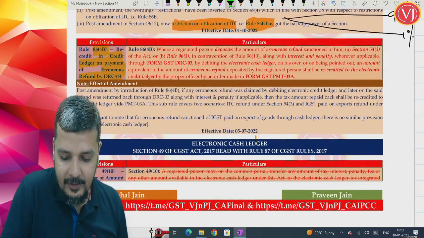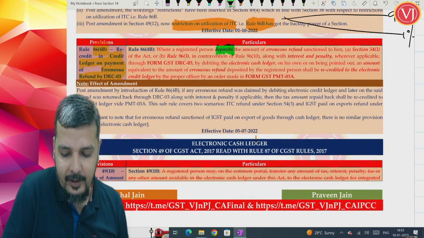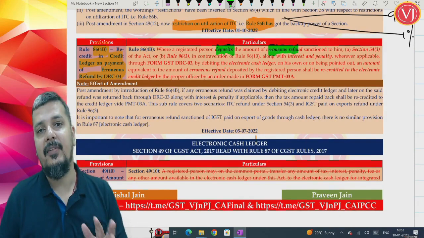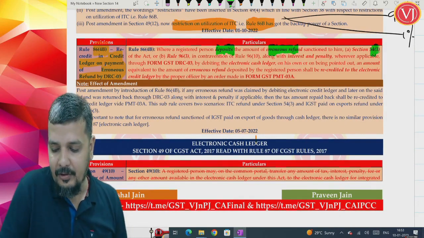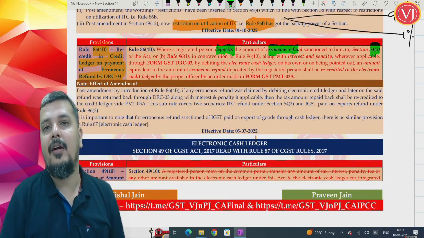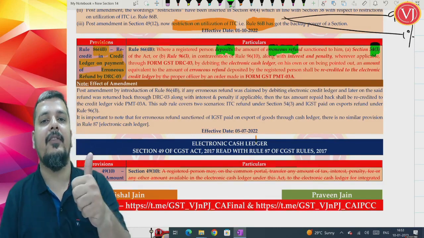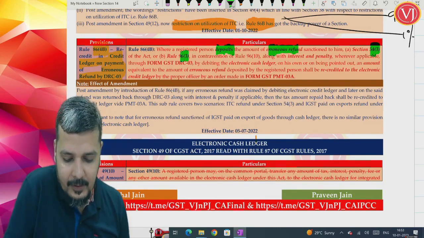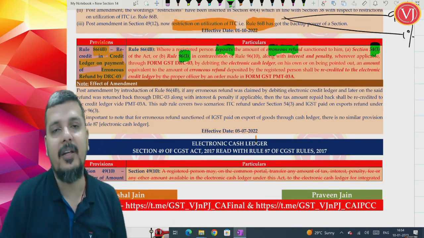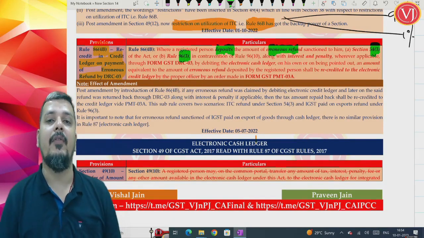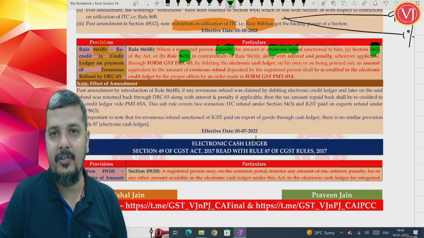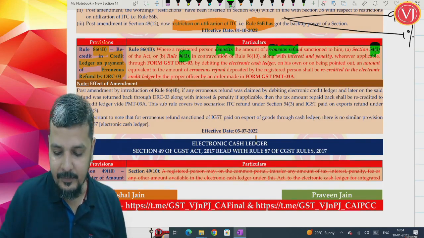When a registered person deposits the erroneous refund, the amount of erroneous refund which is sanctioned, either under section 54 subsection 3, which is refund of input tax credit in case of zero rated supplies or inverted duty structure, or Rule 96 sub rule 3, which is nothing but refund of IGST paid on export of goods, because there is a contravention in terms of Rule 96 sub rule 10.